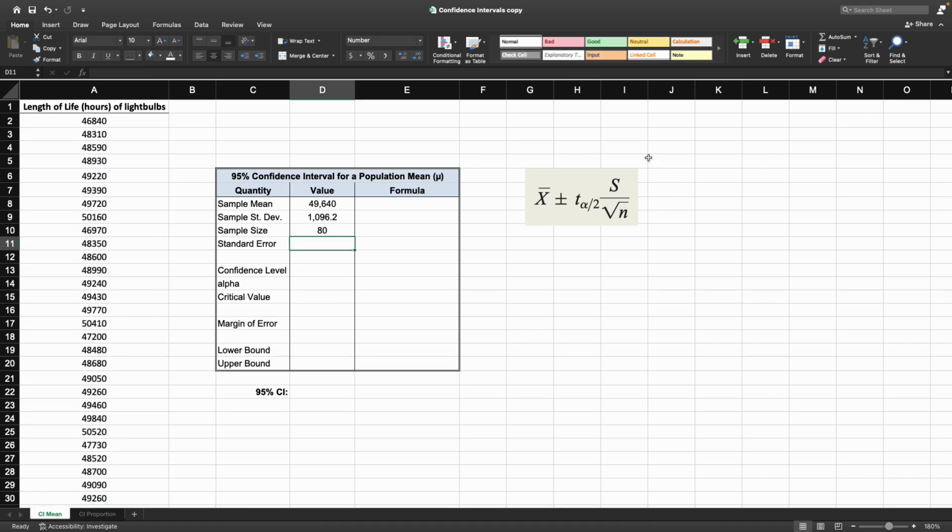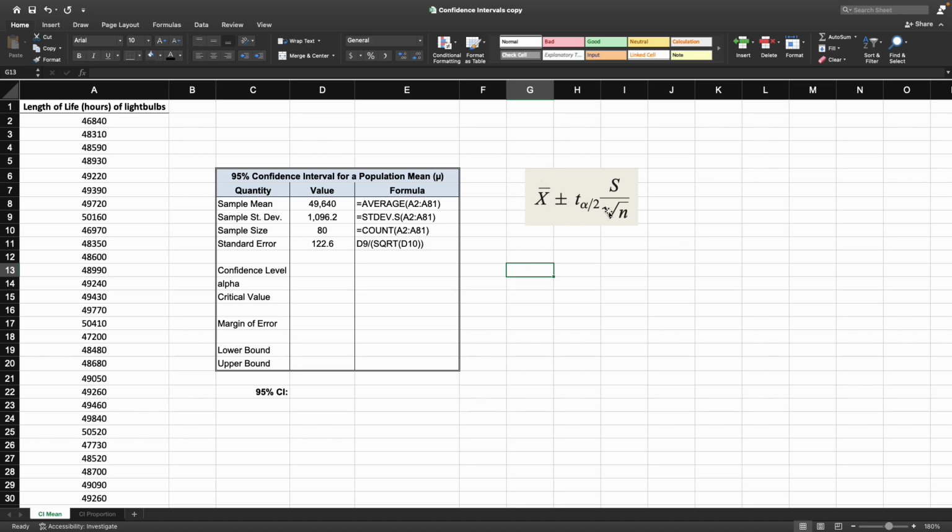Standard error, so the standard error is our standard deviation divided by the square root of n, so let's go ahead and do equals standard deviation divided by, I'm going to put parentheses, square root of 80, put a parenthesis around the square root function, and then for the denominator, click enter. Okay, I get a standard error of 122.6. So I will go ahead and show you what I typed in there.